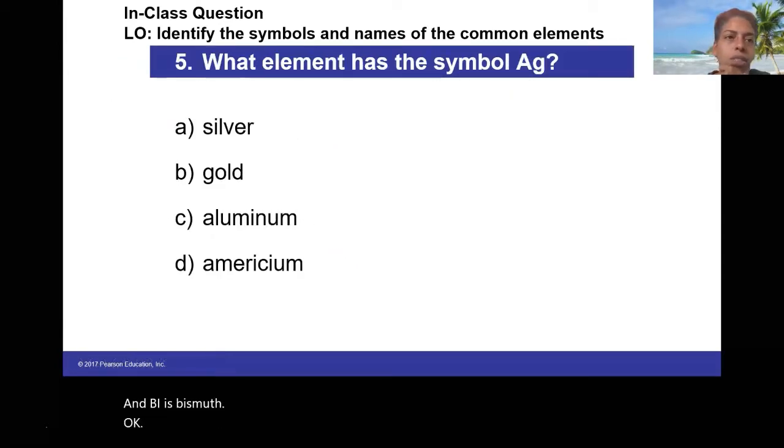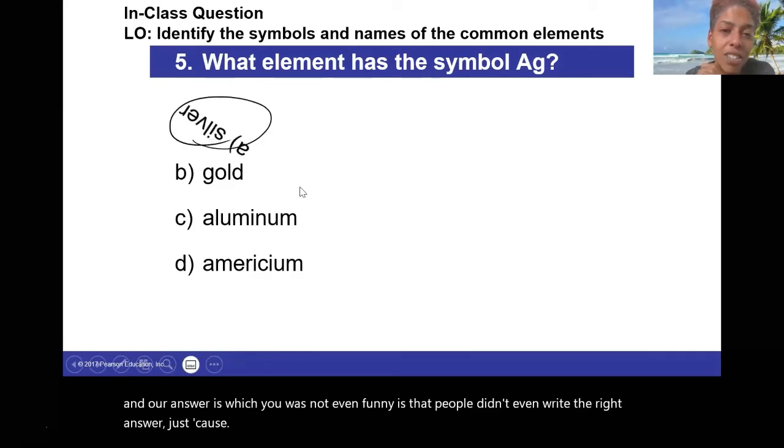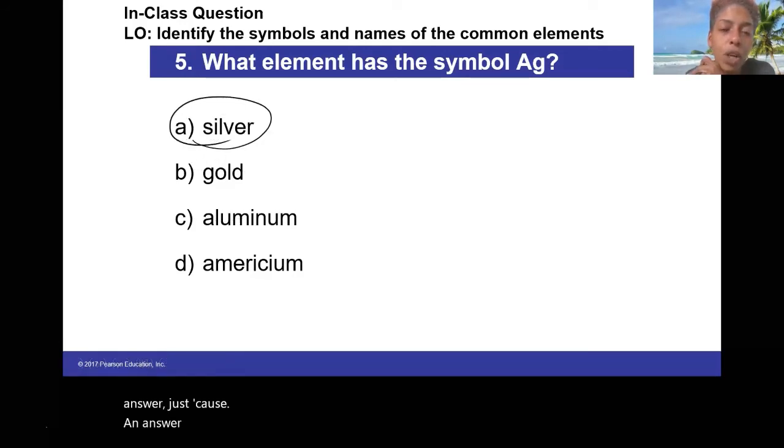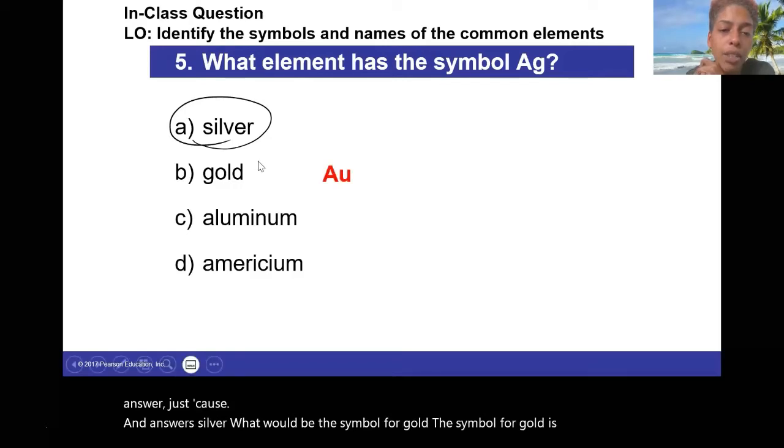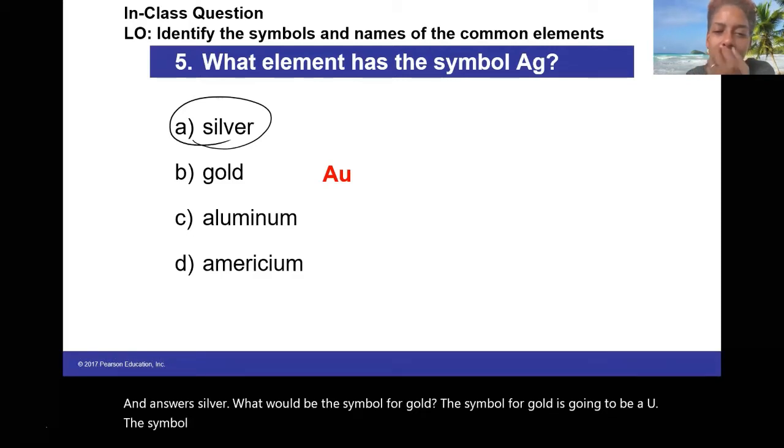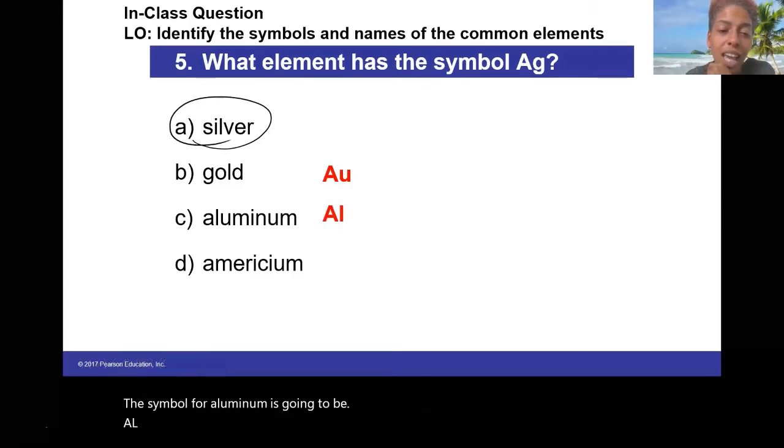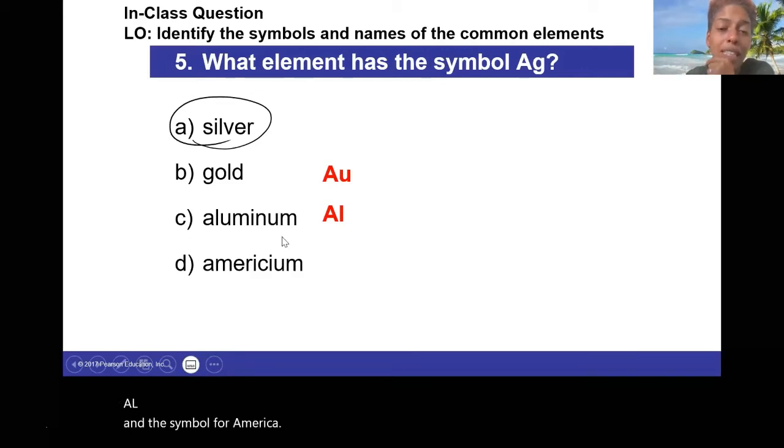Next question. And the answer is silver. What would be the symbol for gold? The symbol for gold is going to be Au. The symbol for aluminum is going to be Al. And the symbol for americium is going to be Am.